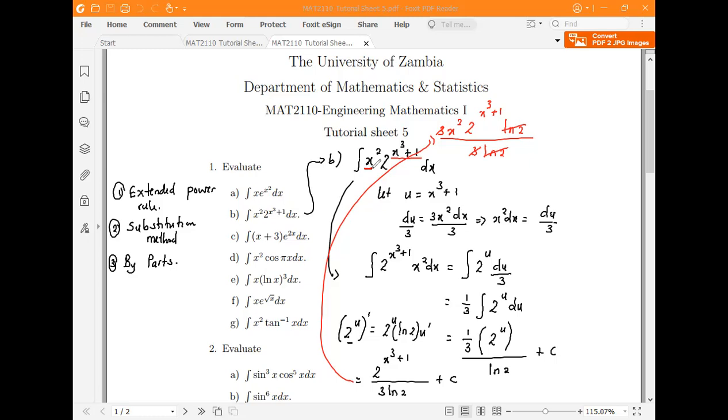It helps us to write the exponent in a form which is easily integrable. So take note, let u be the power, differentiate, and see if you're able to get the other thing that's being multiplied by the base. Okay, let's move next. We go to C.